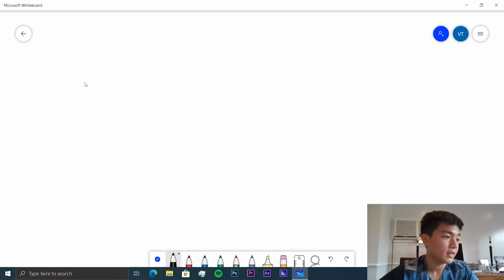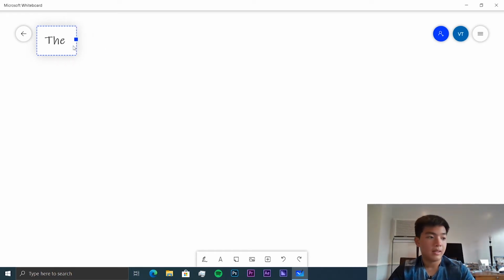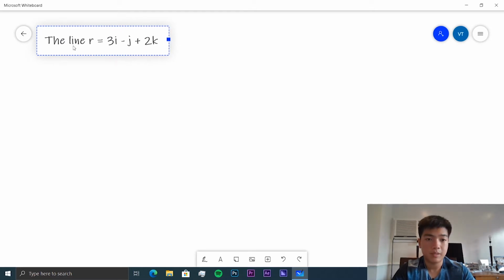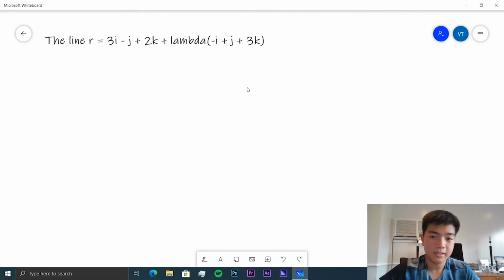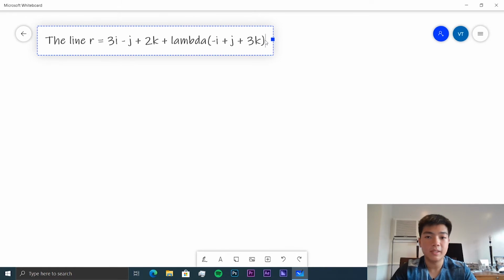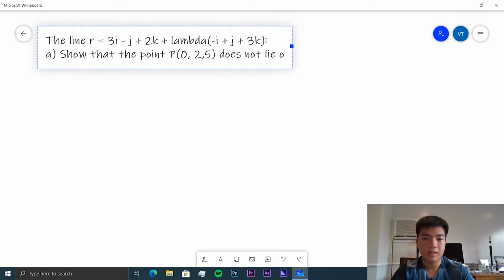Okay, next, we're given the line r is equal to 3i minus j plus 2k plus lambda times (-i plus j plus 3k), where of course lambda is a real number. So we need to do a bunch of things. First, show that the point P, which is (0, 2, 5), does not lie on the line.